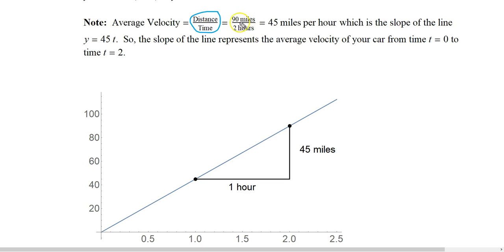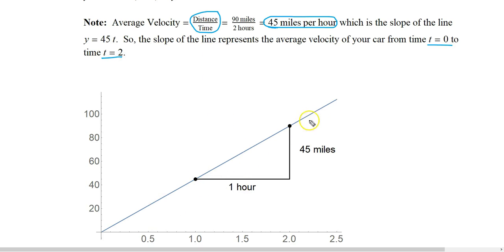So it took you 2 hours to travel 90 miles. So if we look at 90 over 2, notice you get 45 miles per hour, which is the slope of your line. So in other words, the slope of your position function represents the average velocity of your car from time 0 to time 2 hours later.